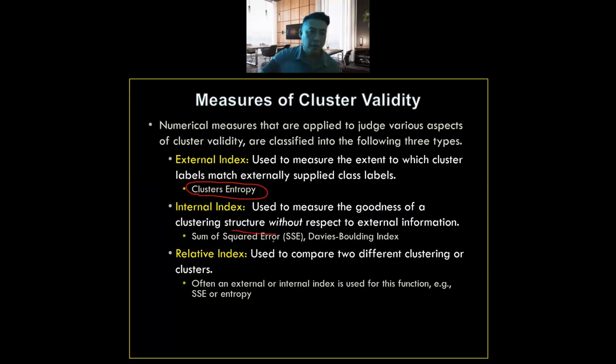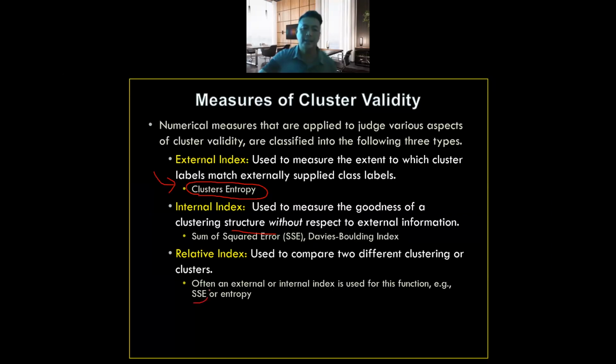The difference between external and internal is that external looks at the content, how genuine your cluster is. The internal index looks at the structure of your cluster, how compact they are and how far they are separated. And the third one is the relative index, used to compare two different clusterings or clusters.